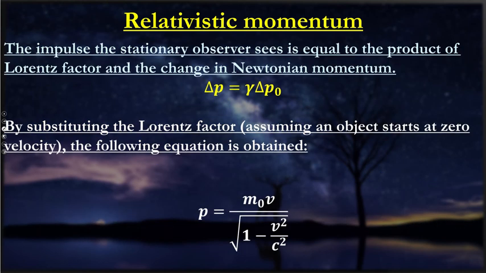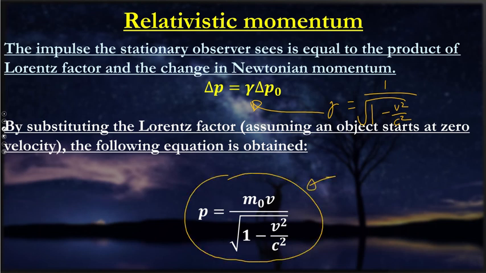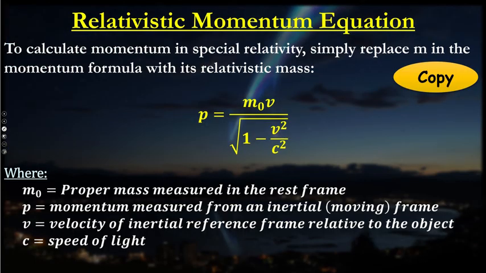Okay, so if we substitute the Lorentz factor out, we know that the Lorentz factor is this equation here. We get this equation. So this equation is for relativistic momentum. This is what we will see in terms of the momentum if we're in a stationary frame and we watch an object moving at the speed of light or near the speed of light. Okay, so that's the equation we have there.